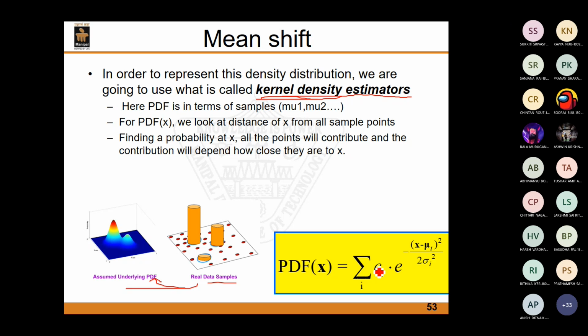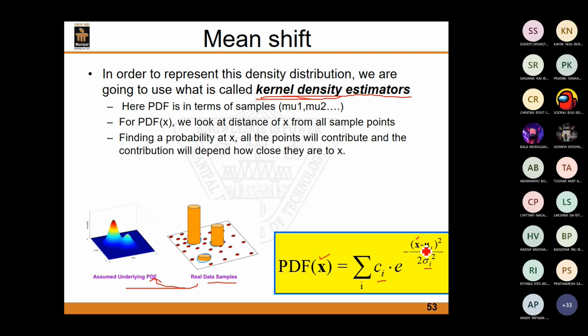In this equation, c_i and sigma_i, as I said earlier, are constants, and the only variable that changes is (x minus mu_i) the whole squared. So x is the current point that you are considering, because the probability density function of x is given by this equation.